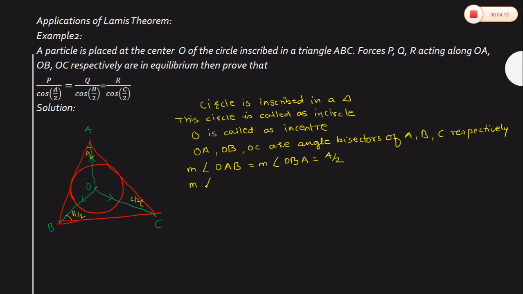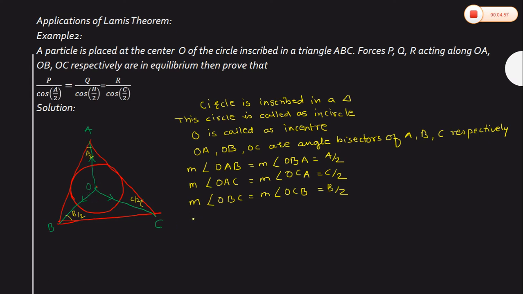Similarly, the measurement of angle OAC is equal to the measurement of angle OCA, equal to C by 2. The measurement of angle OBC is equal to the measurement of angle OCB, and this is equal to B by 2. So these are the angles, and we need them to apply Lami's theorem.